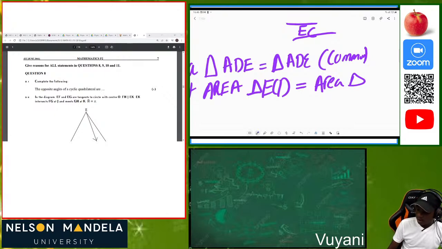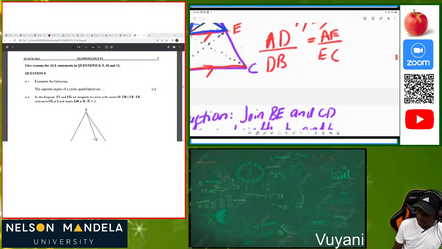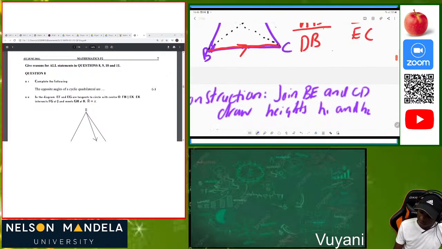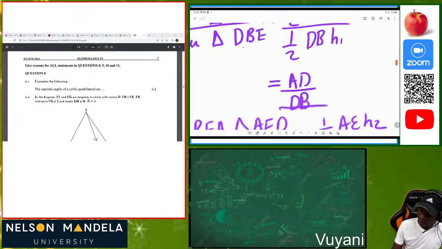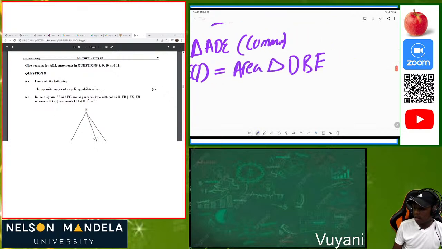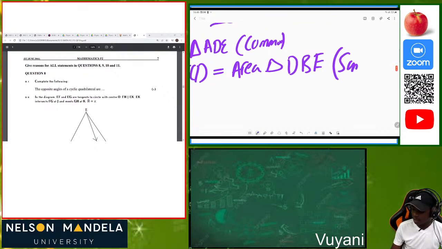All right, the area of triangle ECD. Where is ECD? This area is the same as the area of triangle DBE. Then they have the same base. That's the reason. Same base. They have the same height as well.